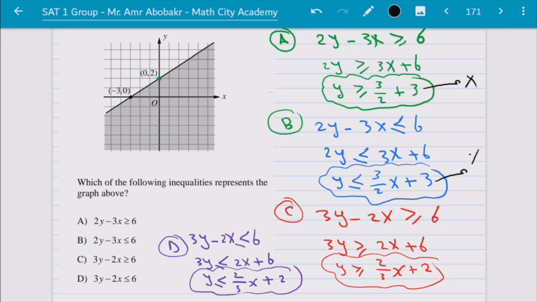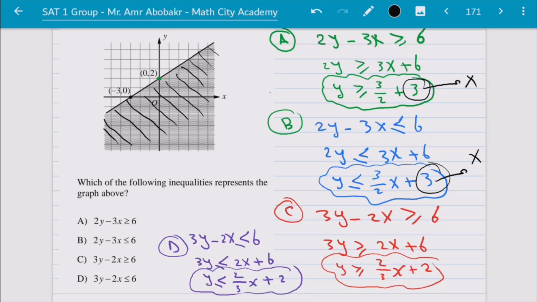This is wrong according to b. It should be 2. So now we can choose between C and D according to what? They are like the same, but in C it is greater than or equal, and D is smaller than or equal. So we have an area colored here below the line, down to the line.